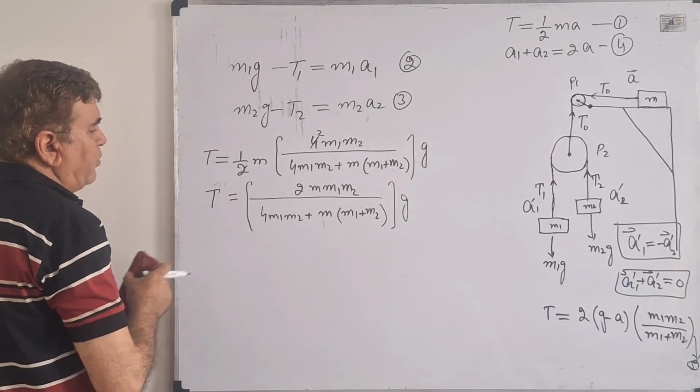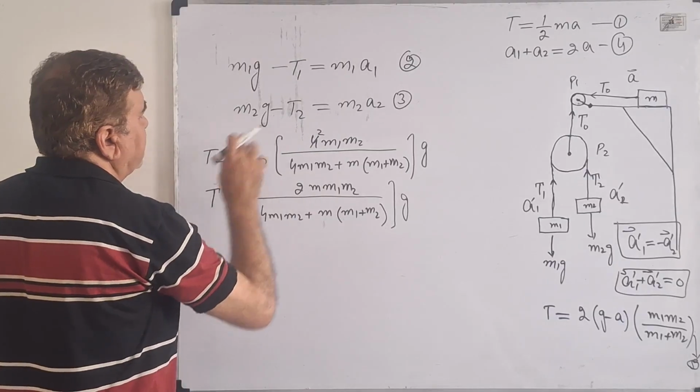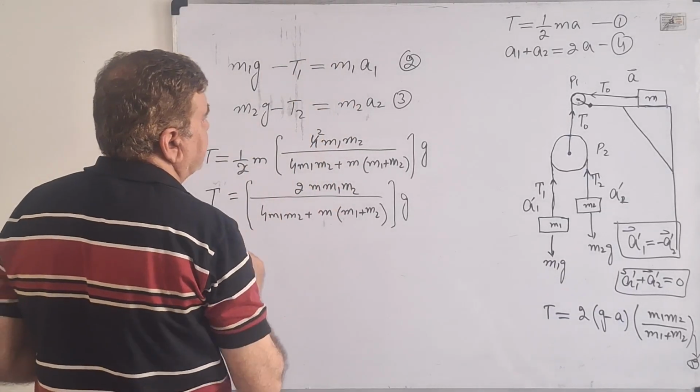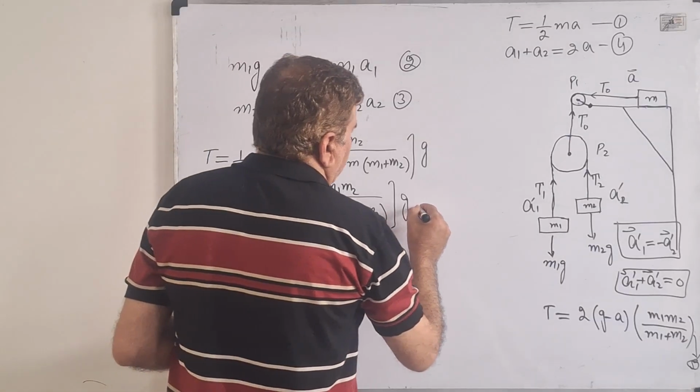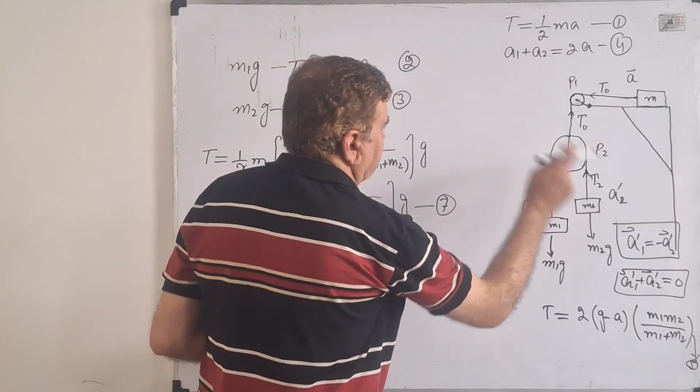Now, since T1 and T2 are equal and we have set that equal to T, I can replace the value at this position. I can call this equation 7. So equation 7 gives the tension at this position and this position.